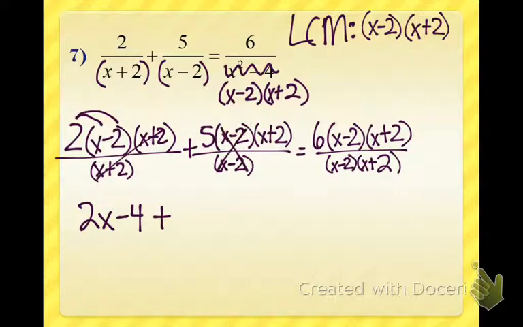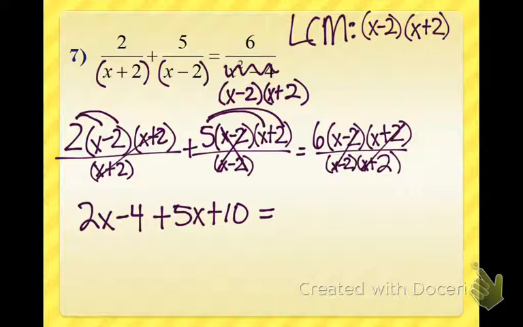The x minus 2's cancel out. And what do we have to do? Distribute the 5 to the x plus 2, and what do we get? 5x plus 10.